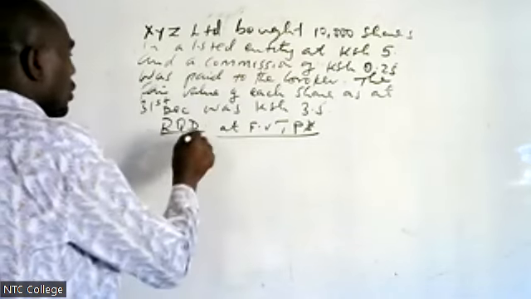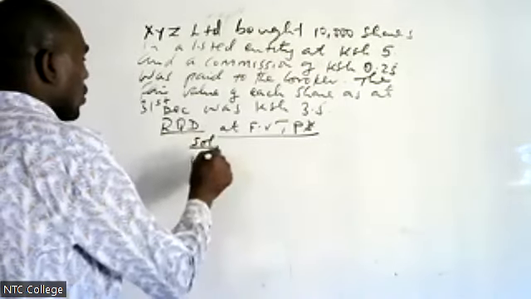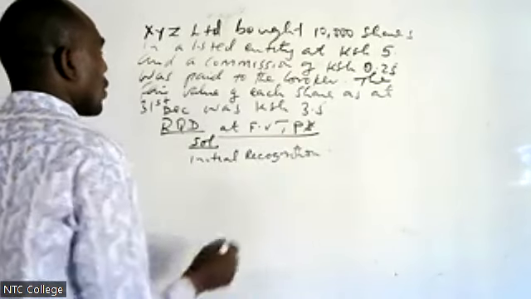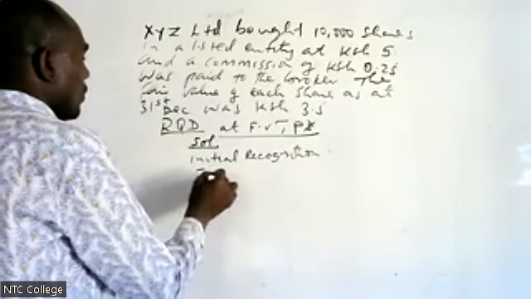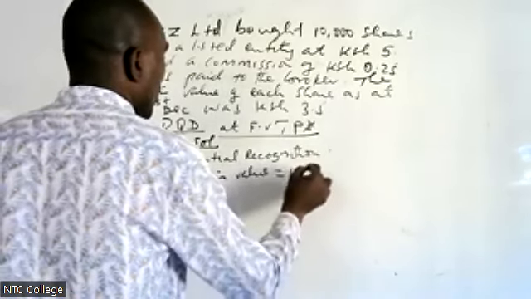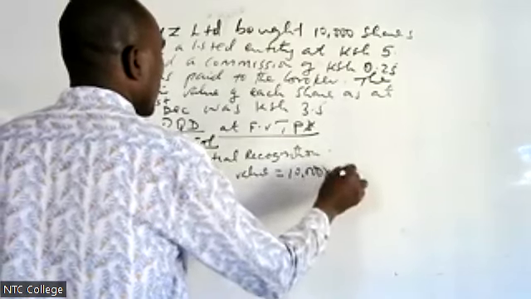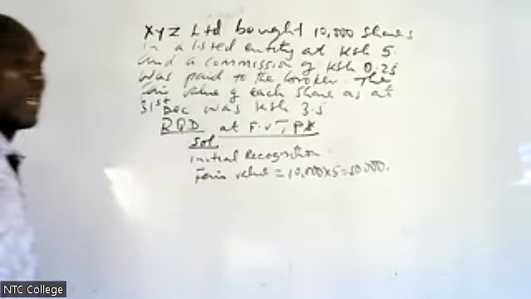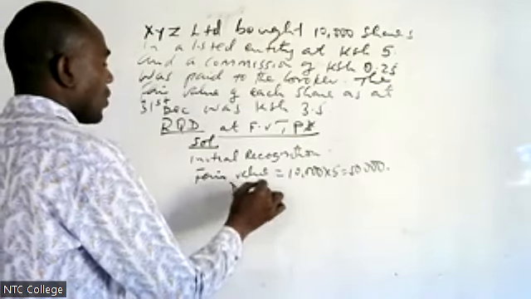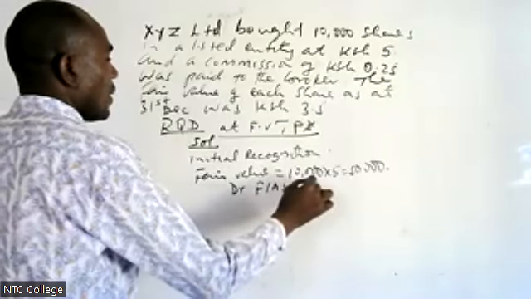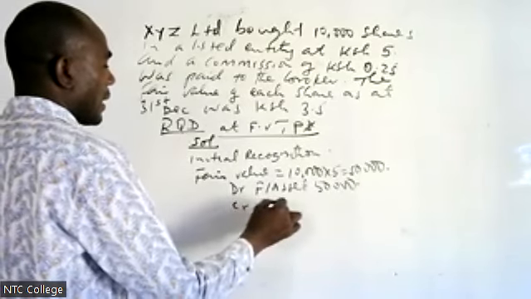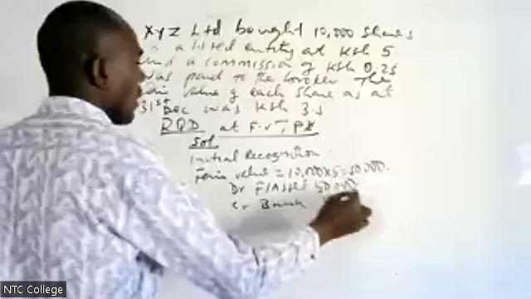Therefore, on initial recognition, the fair value equals 10,000 shares times 5, which is 50,000. That is the initial investment. Therefore, on this initial investment, I'm going to debit financial asset 50,000 and credit bank or cash 50,000.